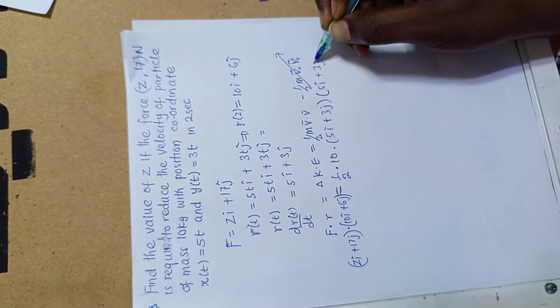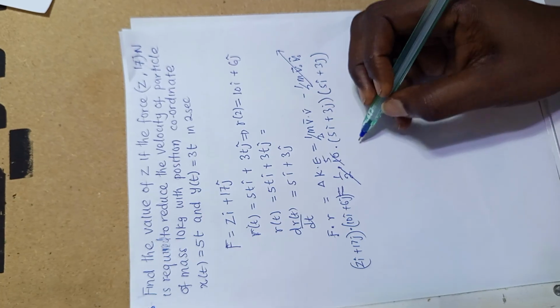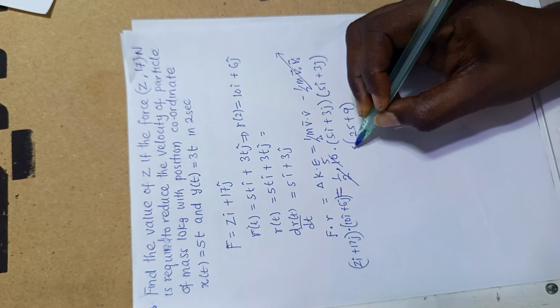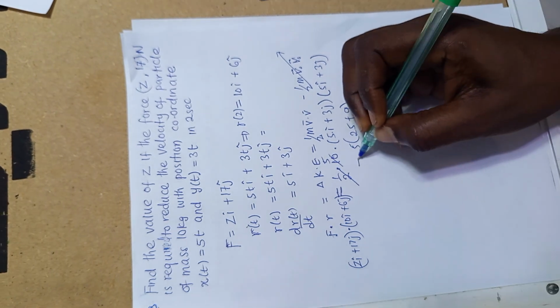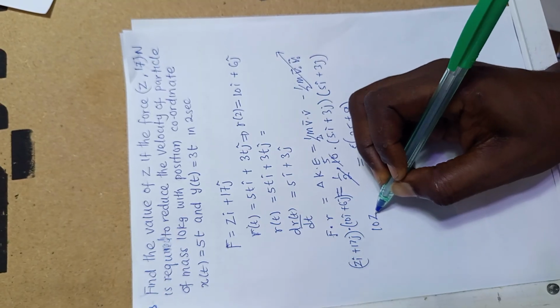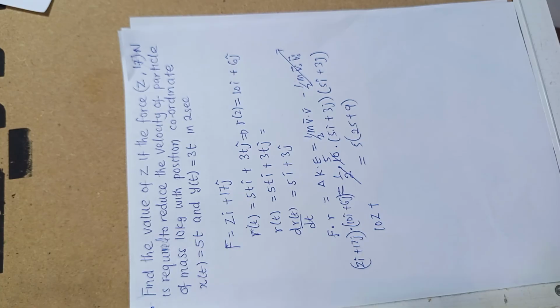5i plus 3j. So what we're going to do now, this one cancels with the 5. Then this one gives us 25 plus 9, or 5 multiplied by 5 is equal to this multiplied by this. I want to have 10z plus this multiplied by this, and it's 17 multiplied by 6.